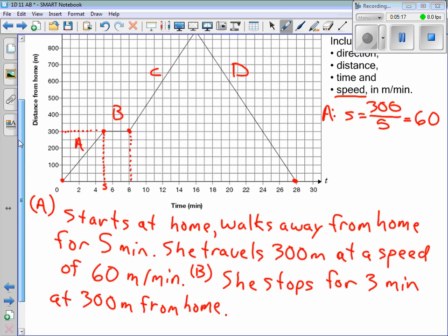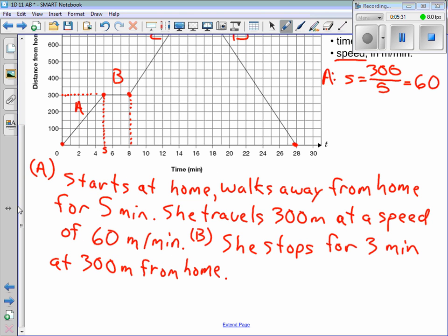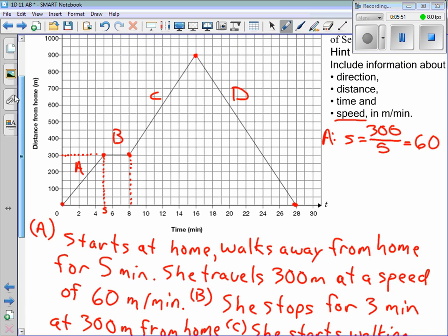What is she doing in section C? She's no longer stopped. What is she doing? Liam, what's she doing here? Yeah, she's moving away from home again. I'll put a little C to say we're starting on C. She starts walking away again. How far does she go here?